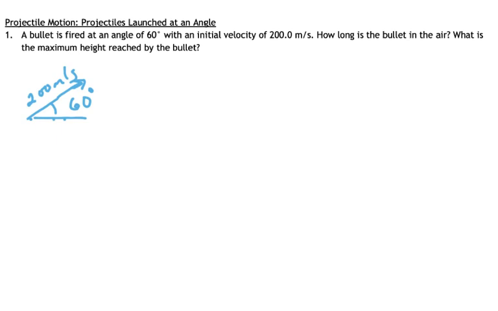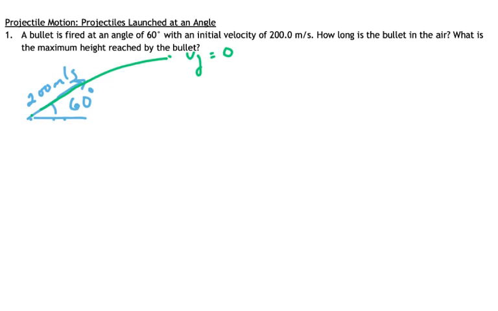All right, so in order to do this, you have to understand what's going on. It wants to know what the maximum height is. I'm going to do this in green. The maximum height will be at the top of the arc, so at that point our velocity in the y direction is equal to 0.